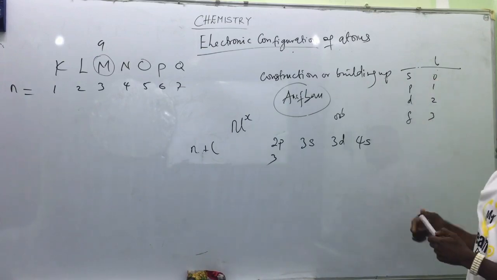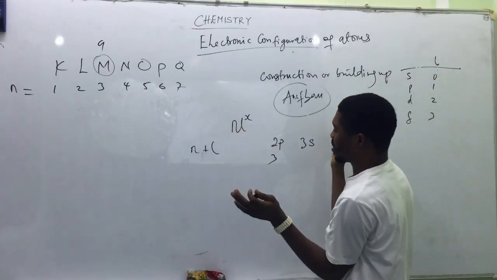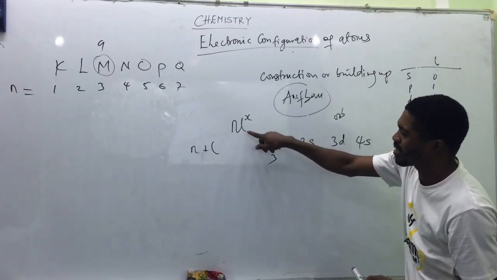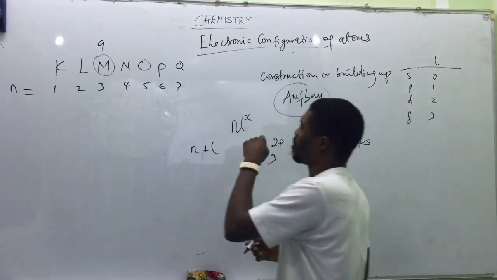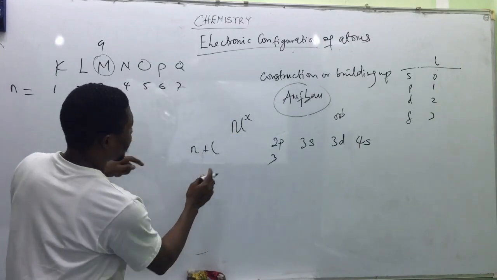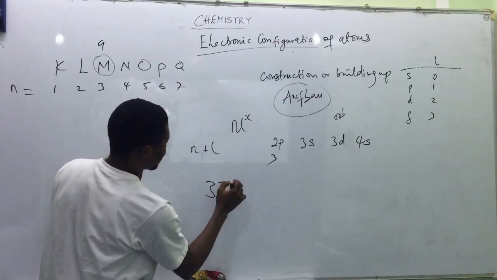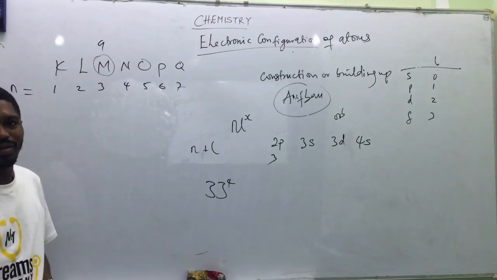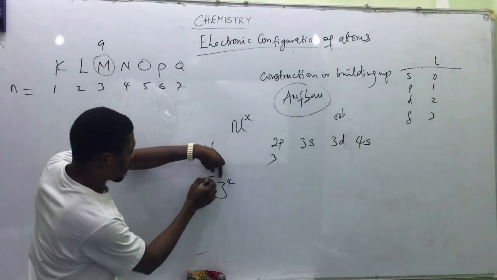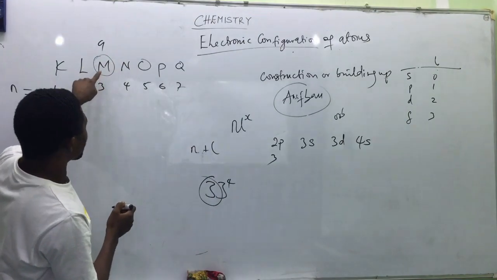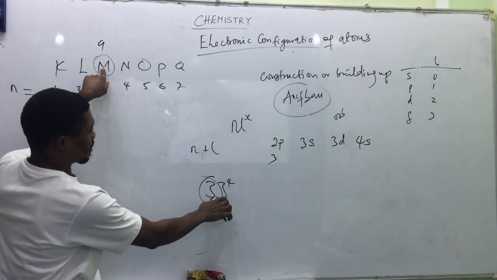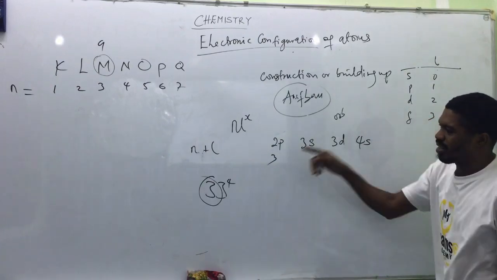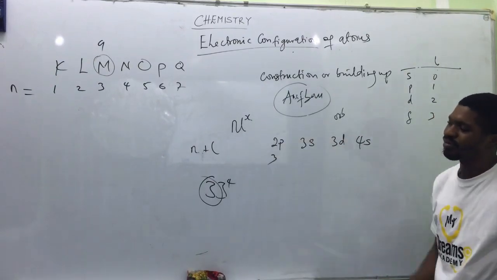Remember all of these you see here are numbers. In order to avoid confusion, we use symbols to represent L. For example, if I write 3, 3, 4, it will appear like 33 raised to power 4, whereas this 3 represents the shell, this 3 represents the subshell, and this 4 represents electrons.